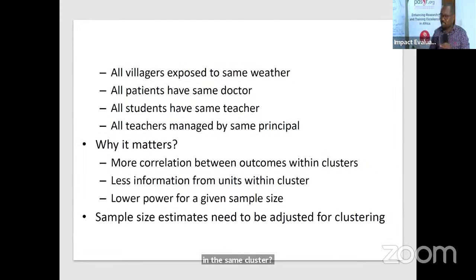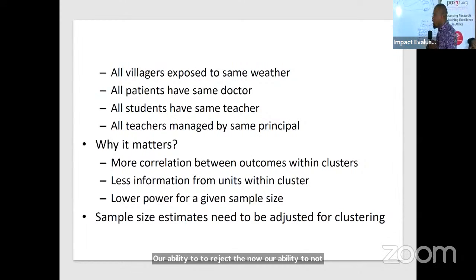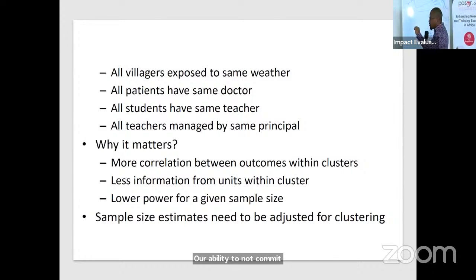That's what I was asking last time, okay? And then it lowers power for a given sample size. Our ability to reject the null, our ability to not commit a type 2 error, a false negative, is small. Are we together?